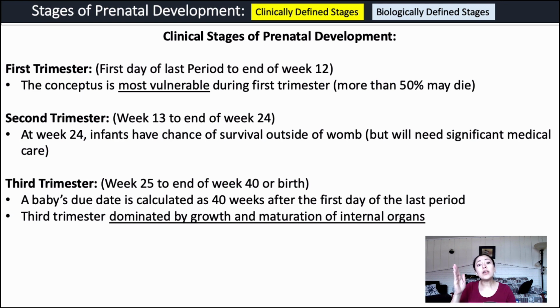Now, this 40-week mark is really just a suggestion because the baby could actually come anywhere between 37 weeks and 42 weeks, and that's still considered normal and full term. So there is a pretty wide window there of when birth could actually happen. The third trimester is pretty much just dominated by growth and maturation of the internal organs to a point where the infant could survive outside of the mother's body.